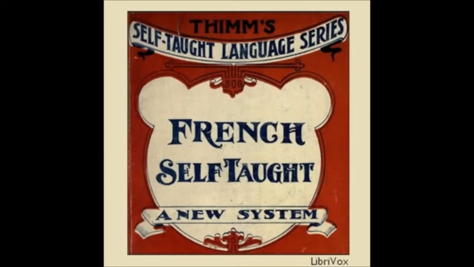The nasal sounds AM, AN, EM, EN, UN, OIN are equally difficult to pronounce, and these ought to be heard and imitated from a Frenchman. AM, AN, EM, EN, UN, OIN.